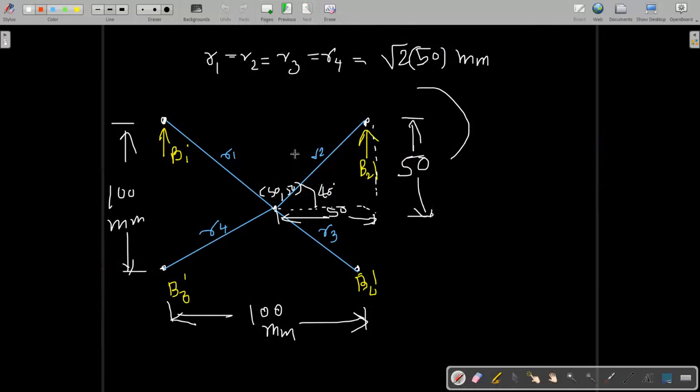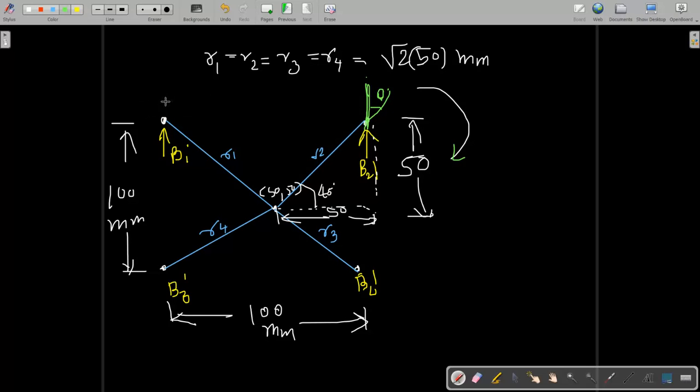Okay, let me draw here. I'm drawing with green. Suppose this is the initial position, I have marked it with paint. After giving the load, the bolts will try to turn at angle theta.